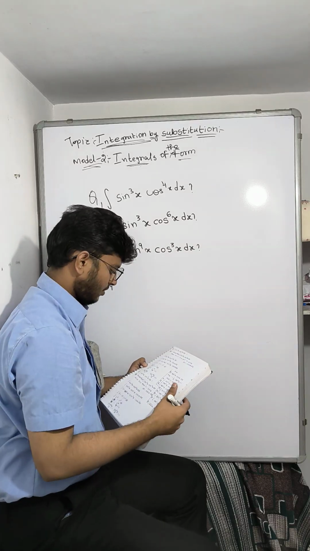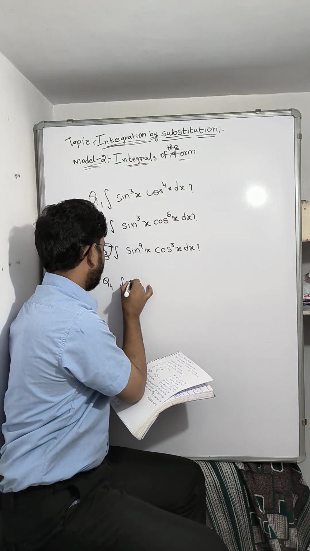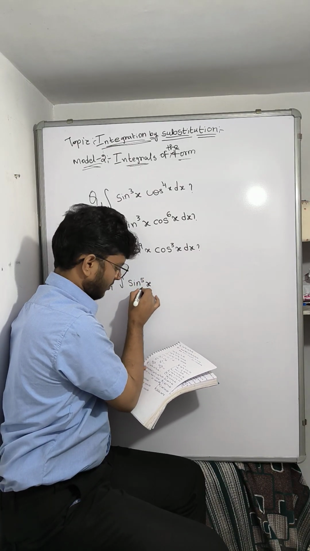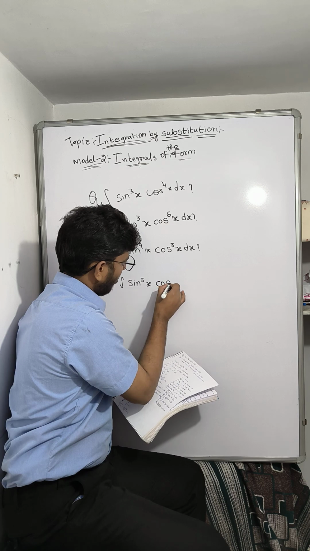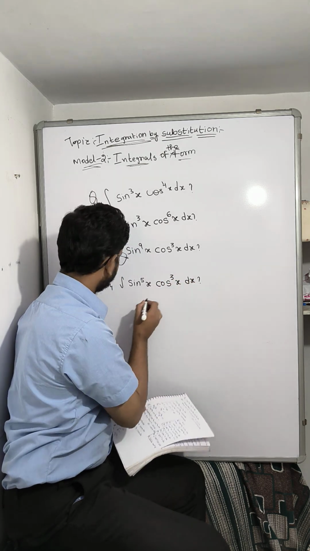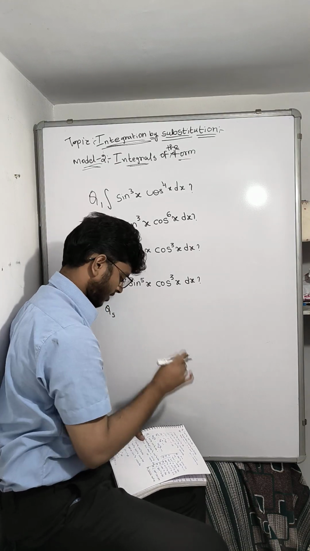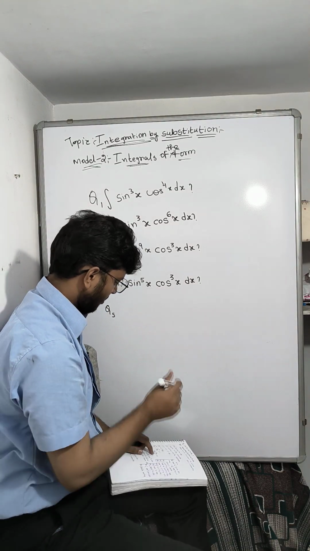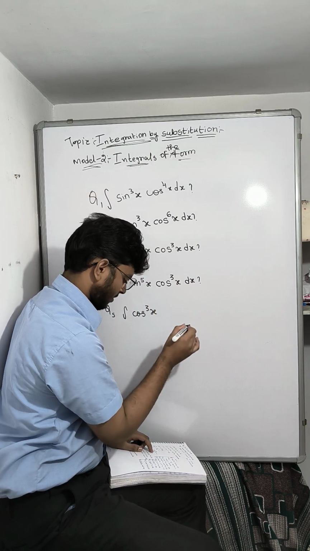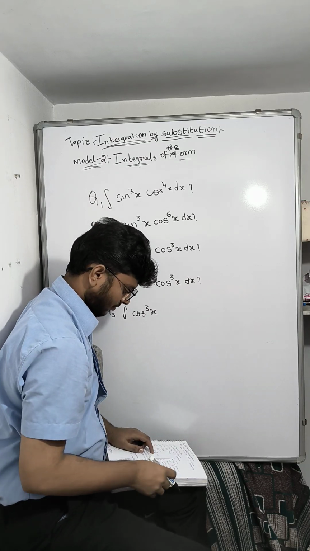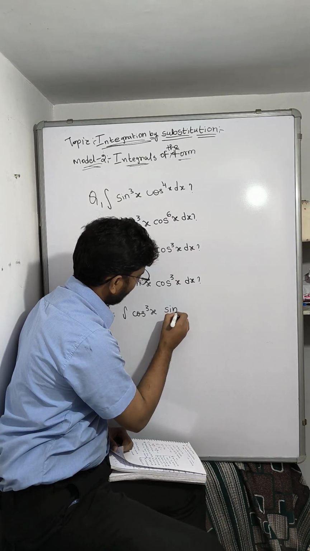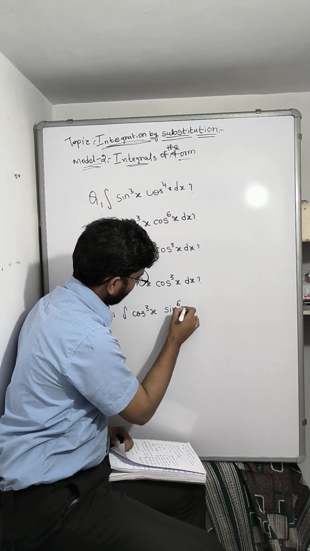Question number 4: integral of sin to the power of 5 x cos to the power of 3 x dx. Question number 5: cos to the power of 3 x sin to the power of 6 x dx.